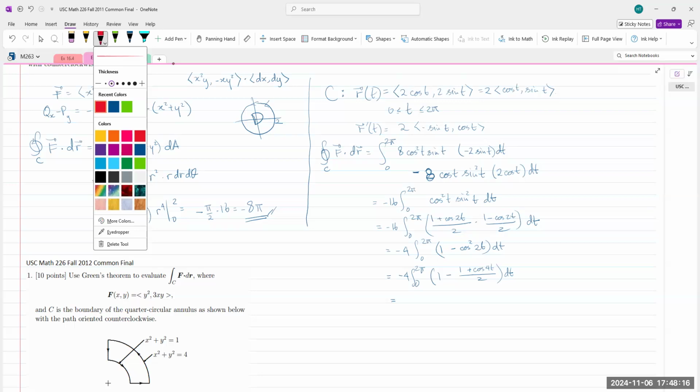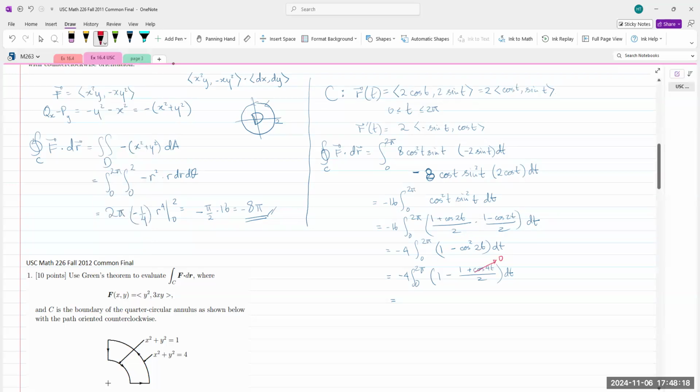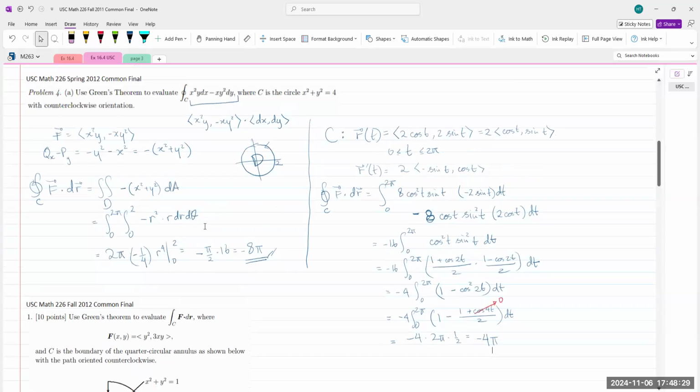With the domain of integration, the cosine term becomes 0. So it becomes 1/2. So negative 4 times 2 pi times 1/2. That's just negative 4 pi, which is different from my answer earlier. What's wrong? Okay, let's check.